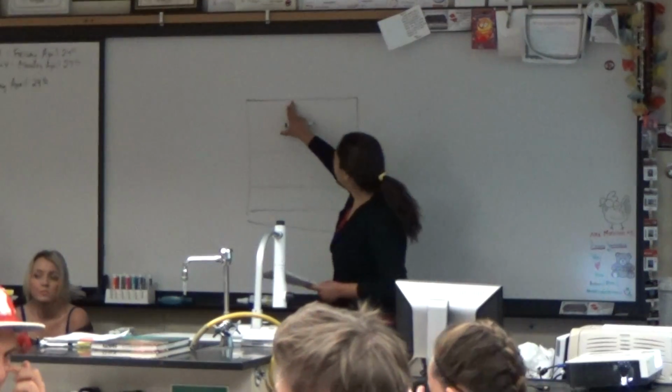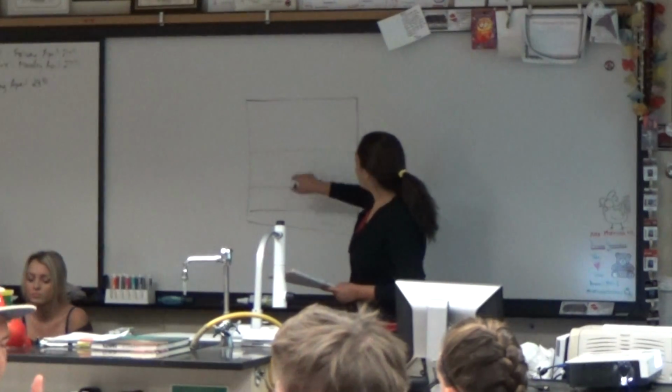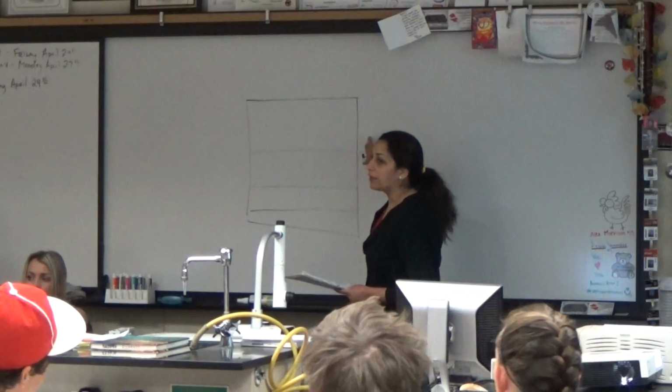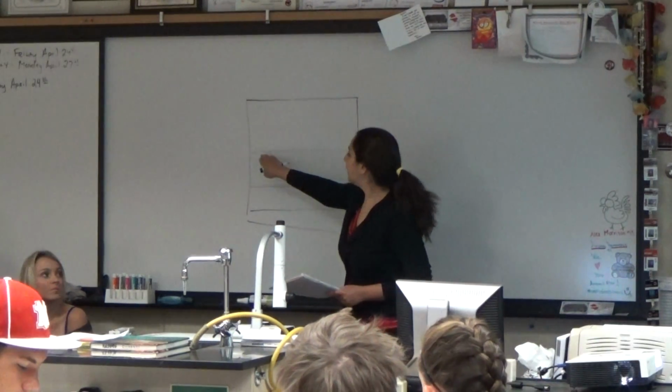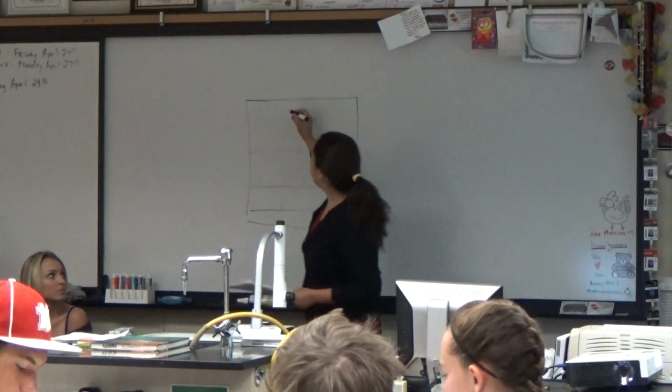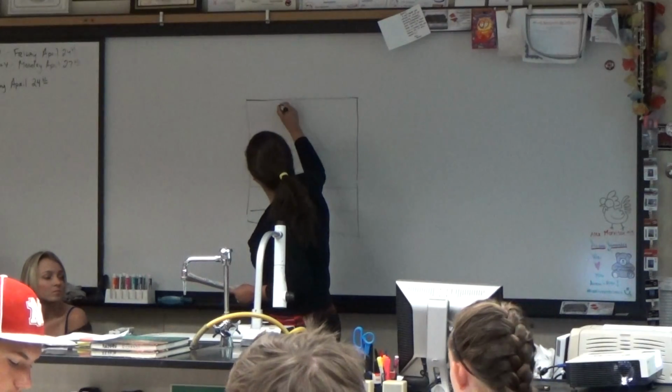First era, you're going to give it the biggest spot. So I would say like 1/3 of your paper, and then draw the line. And that would be your pre-Cambrian era.